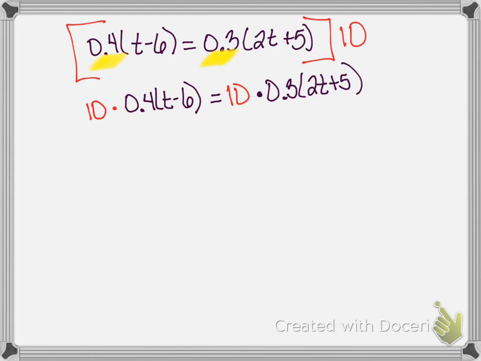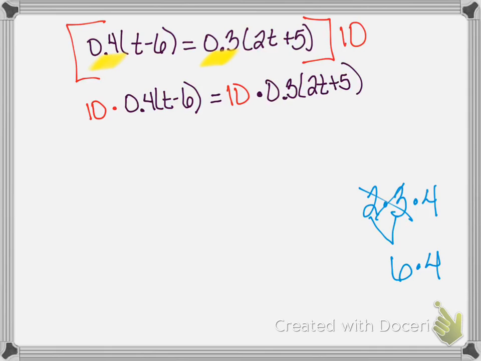Now, think back to if I have 2 times 3 times 4. What's 2 times 3? 6. And once I multiply the 2 times 3 together, I'm done with both of those. And then I multiply it times 4.